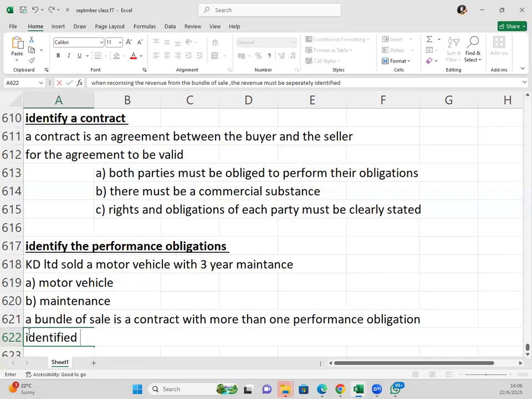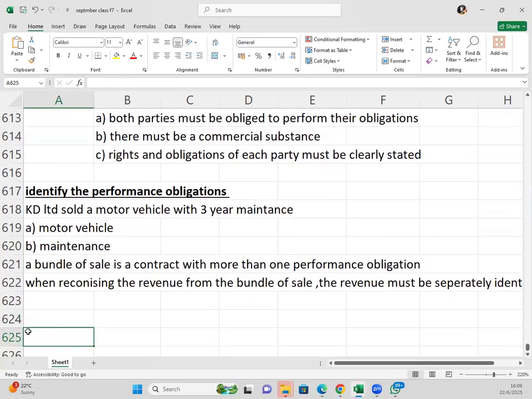We should recognize the revenue separately. We have sold two things. Of course, we have said it's free maintenance to the customer, but to us, we have actually made a sale. We'll talk about that. So we have two things that we have sold here, a motor vehicle and maintenance.